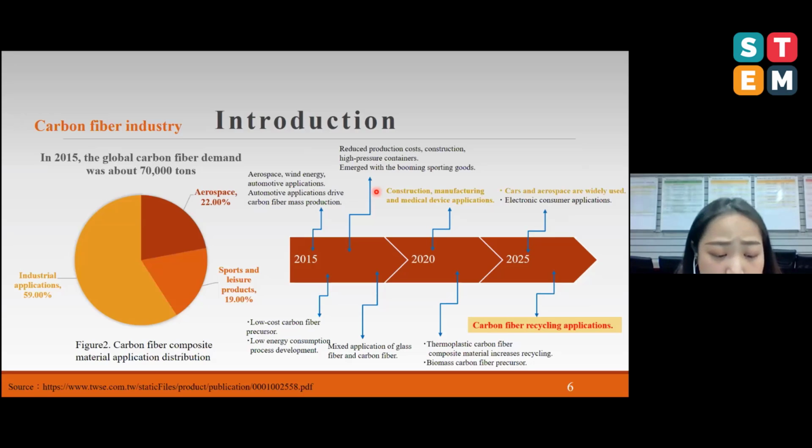Whether it is an airplane or a car, these manufacturers have been pursuing the reduction of the weight of the fuselage. Due to the light weight and high strength of carbon fiber composite materials, they have been more and more widely used in these industries.